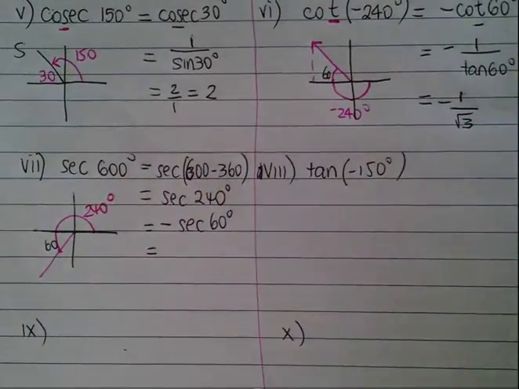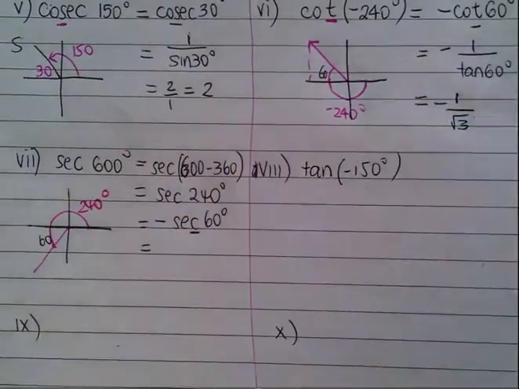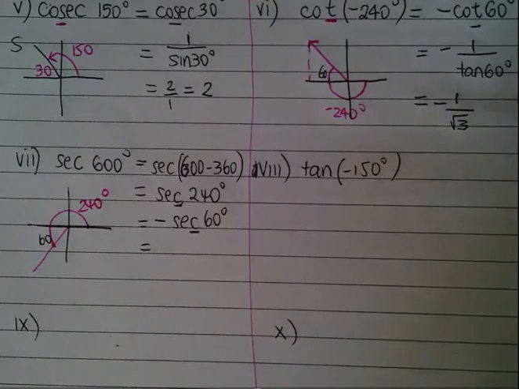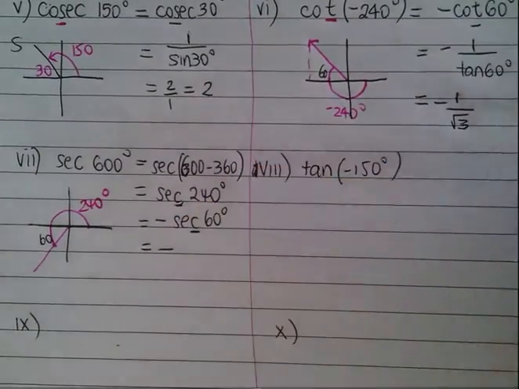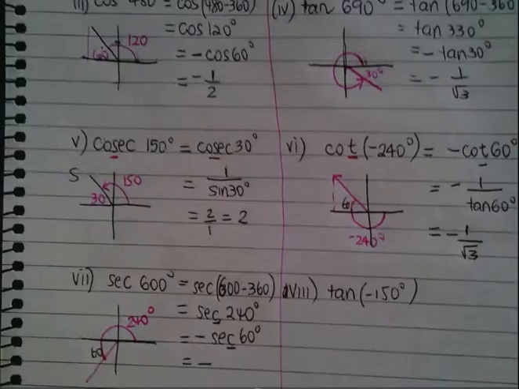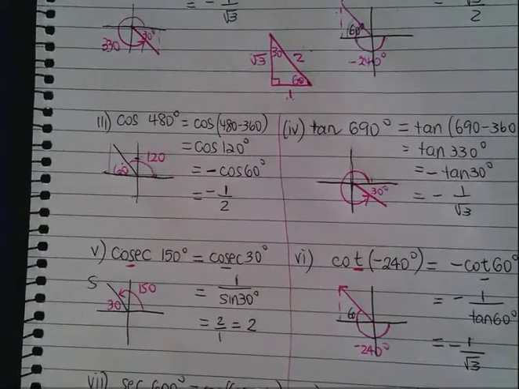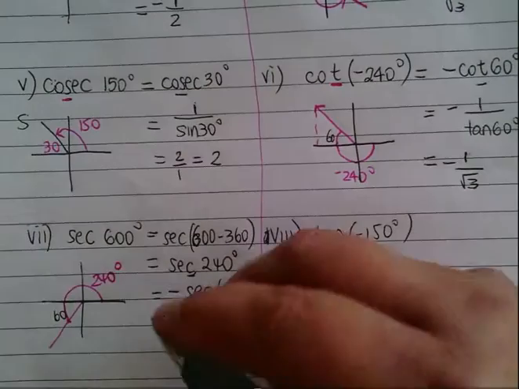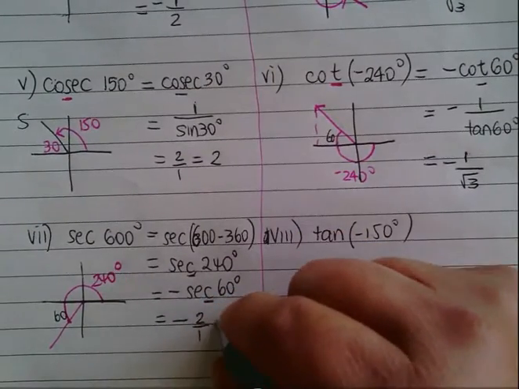Negative. So it's like, and then you underline the third letter. And you know it's cos 60 flipped. Well, negative cos of 60. So where's cos 60 up here? Cos is 1 on 2. So it's negative 2 on 1, which is just negative 2.